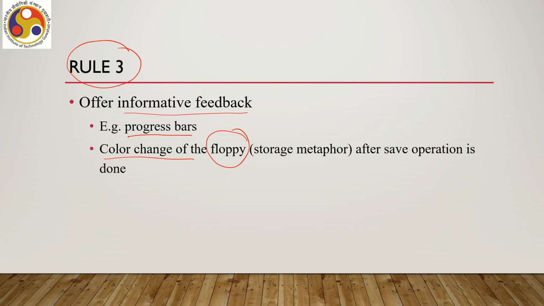It still is there. Now, floppy of course is a storage metaphor representing the storage. So, before save there is one color, after the save operation is done there is another color. Now, this color change indicates that the save operation is done successfully. Without this color change, user will not be in a position to understand whether the save operation worked or not.